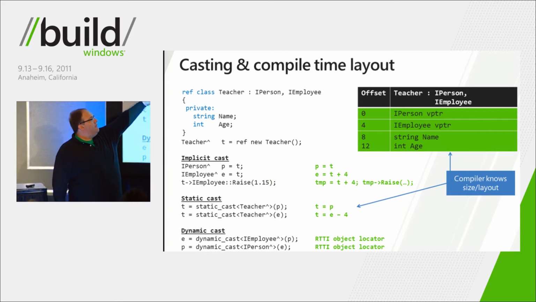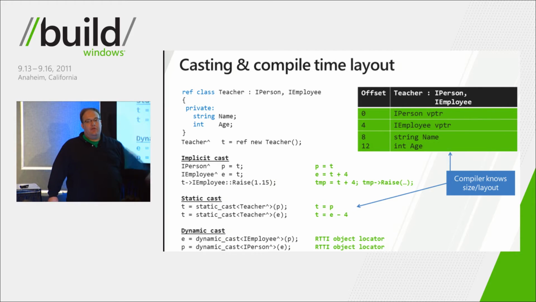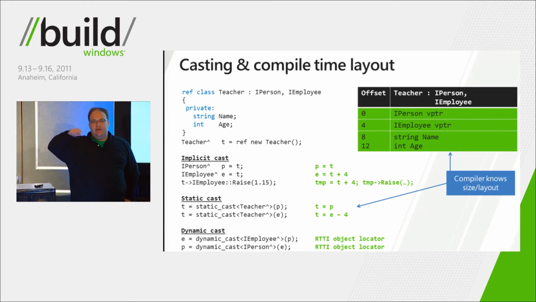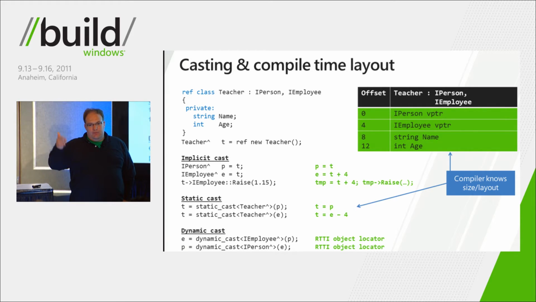If you say iEmployee equals t, obviously we have to adjust the pointer value of t by 4 to get to the iEmployee interface, because if you call via iEmployee, again, a hat is a pointer to a v table, so if you start dereferencing the iEmployee or the e pointer to v table, that v table that you're pointing to better be the v table for iEmployee and not for iPerson, which is why we need to adjust that pointer in order to make it point to the appropriate v pointer.